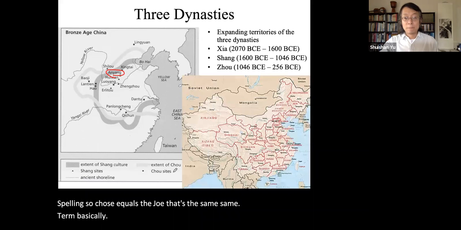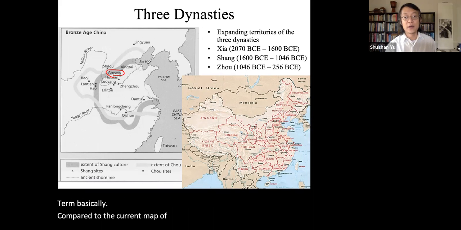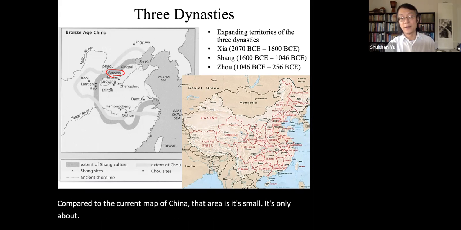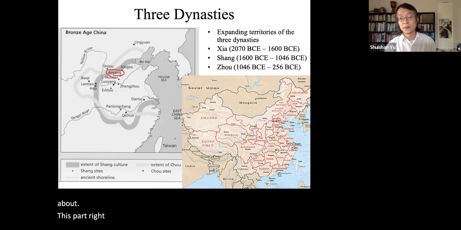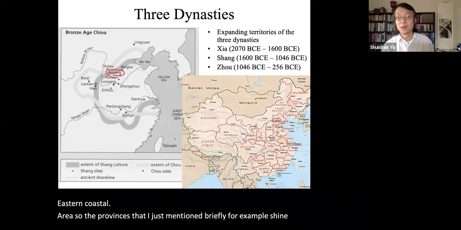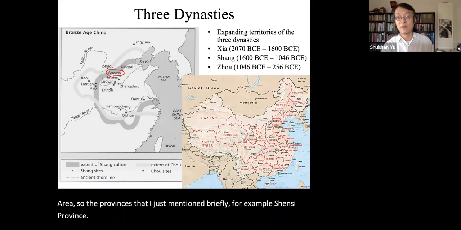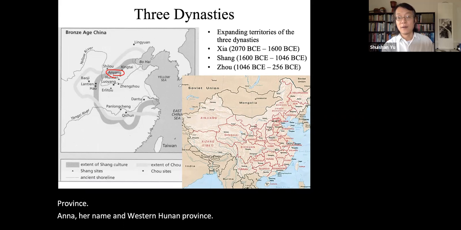So compared to the current map of China, that area is small. It's only about this part, right? The eastern part, eastern coastal area. So the provinces that I just mentioned briefly, for example, Shanxi province and western Henan province, these are the heartland of the Xia Dynasty.